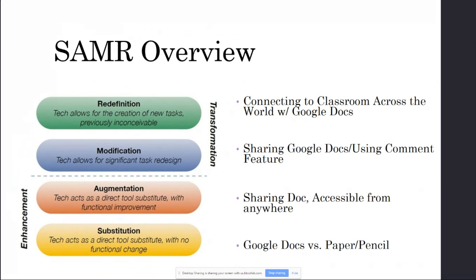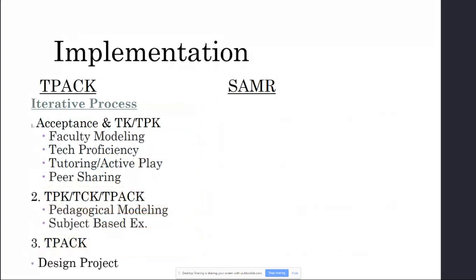So administrators know that, and have a tendency to start evaluating teachers on whether they are teaching above that dotted line that you see in the graphic. That's unfortunate, because not all lessons and not all activities need to be modified or redefined. If they did, teachers would be more burnt out than they already are. And so augmentation and substitution are okay.